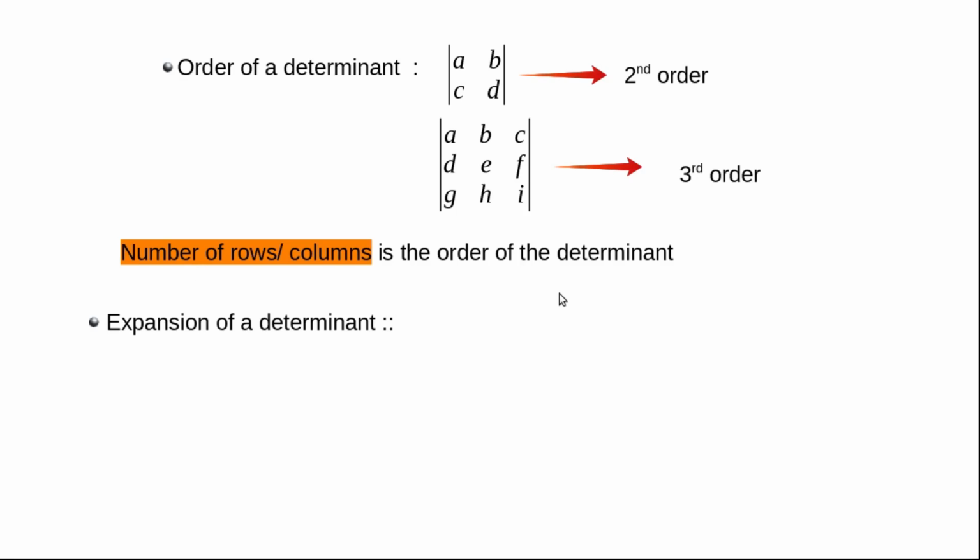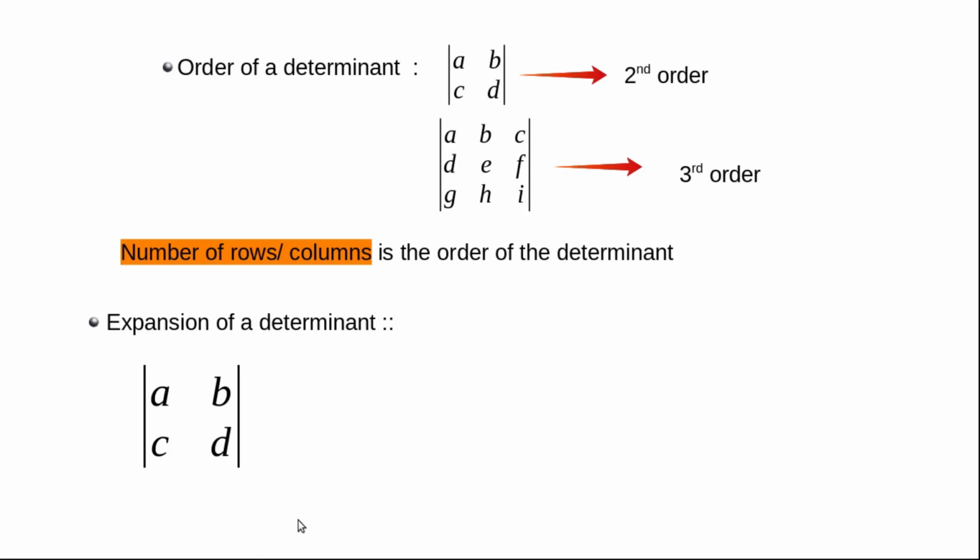Now we will see expansion of a determinant. What is expansion? Actually there was no such term while we learned matrix, but there is a value associated with each determinant, so we have to determine that value. So we take first a determinant of second order, that is 2 rows and 2 columns.